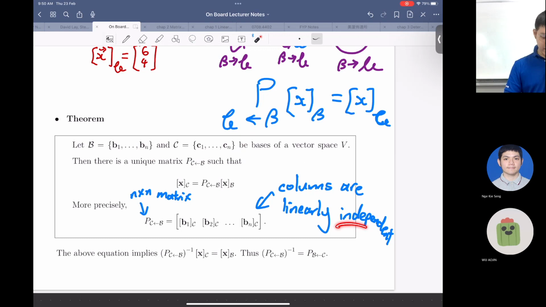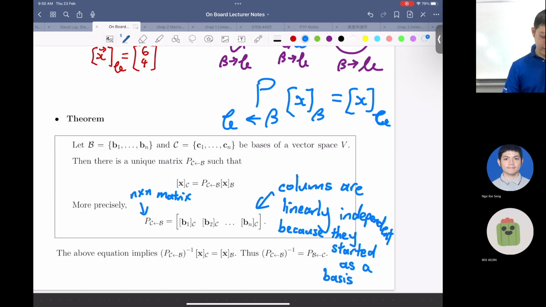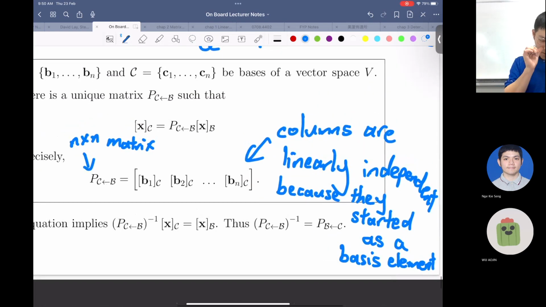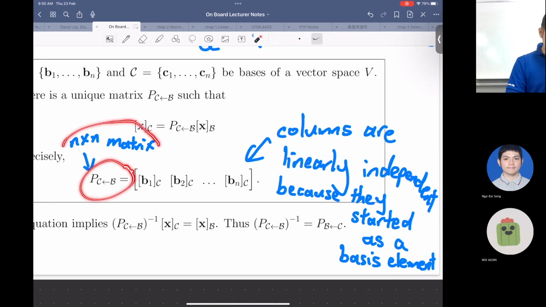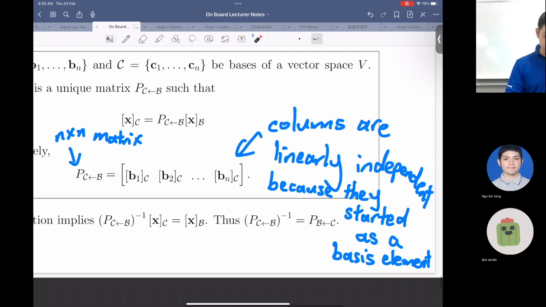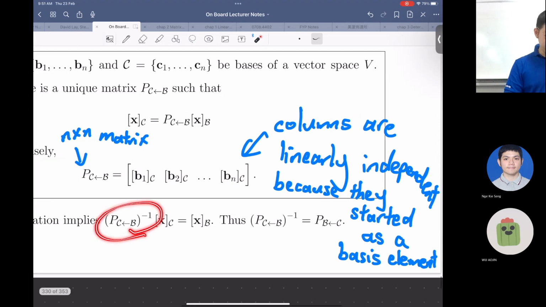So P_B to C is an n by n matrix, okay? And these columns are linearly independent because they started as basis elements. So the inverse exists, okay? You can find the inverse.